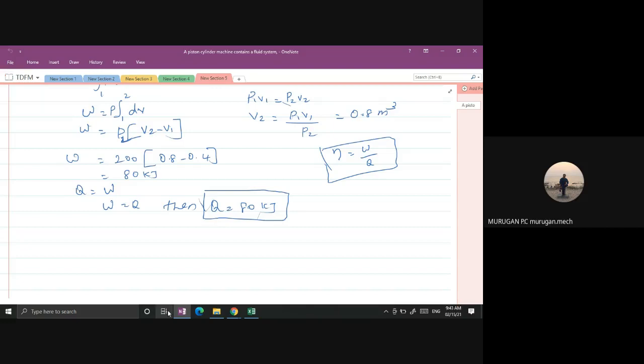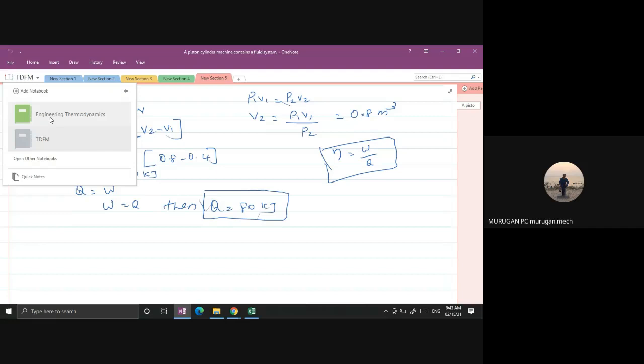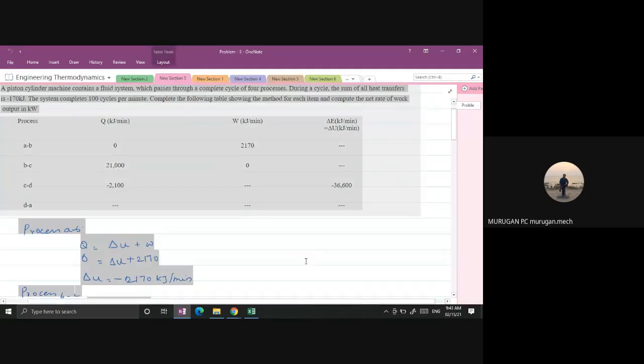If not, you can start writing another question, only the question alone. Can you write it? எழுதிடலாமா? Yes, sir. Good. A gas undergoes... ஒரு நிமிஷம் இருங்க.